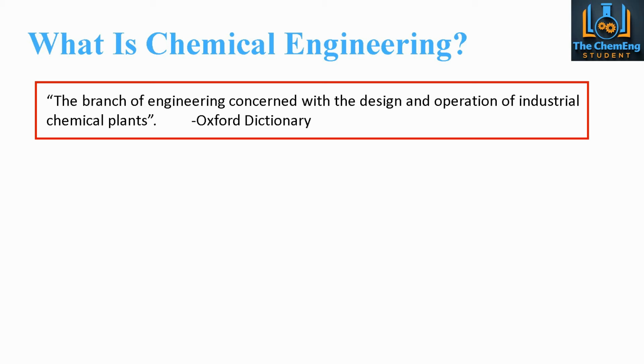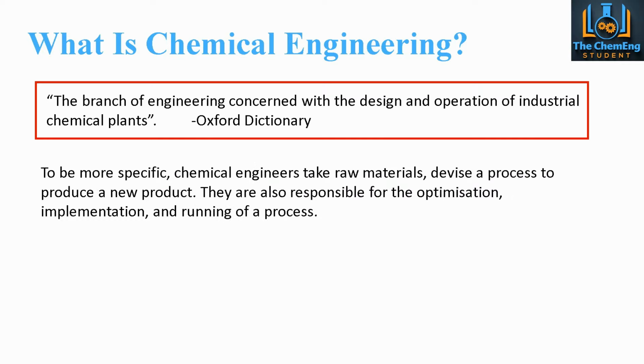So the first question would be, what is chemical engineering? According to the Oxford English Dictionary, chemical engineering is the branch of engineering concerned with the design and operation of industrial chemical plants. While that is relatively true, it is quite restrictive because chemical engineering is a lot more. To be more specific, chemical engineers essentially take raw materials and devise a process in order to produce new products.